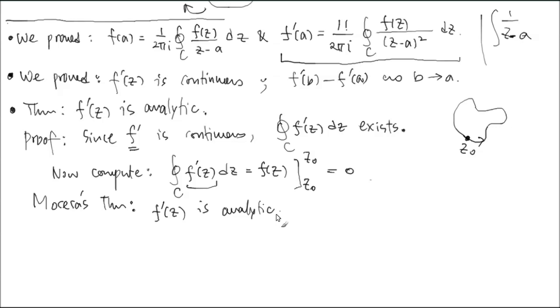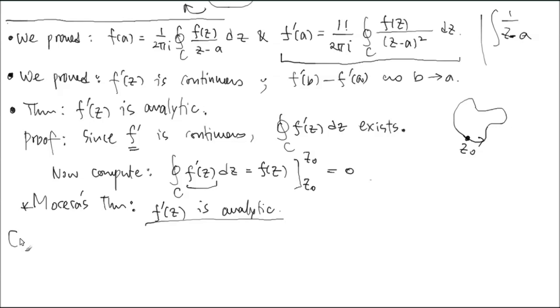Okay? So the two big theorems used are Morera's theorem and this particular version of Cauchy's integral formula that allows us to conclude f prime of z is actually continuous. So then Morera's theorem says, all right, f is analytic, then f prime of z is also analytic. It doesn't stop.